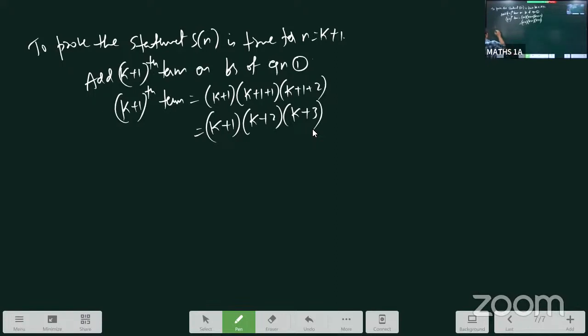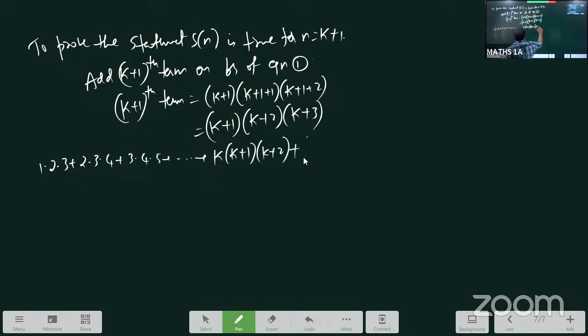Now, we are going to add it to equation 1. What was that equation 1? The n equal to k assumed statement. That is 1 into 2 into 3, 2 into 3 into 4, 3 into 4 into 5, plus so on, plus k into k plus 1, k plus 2, plus k plus 1, k plus 2, k plus 3, which we added.